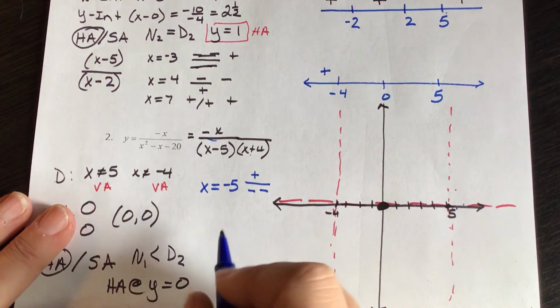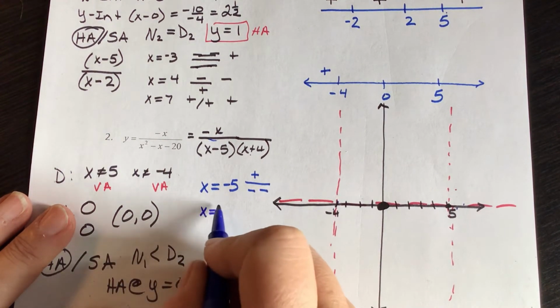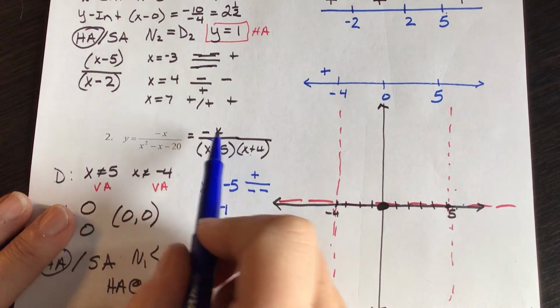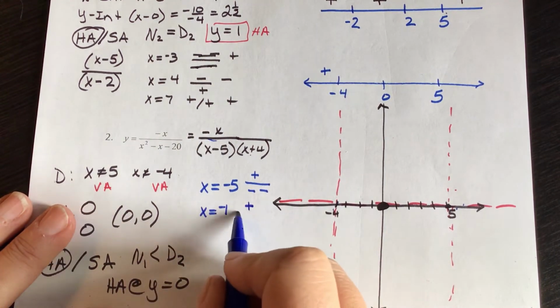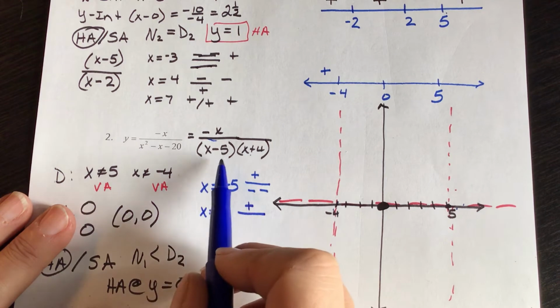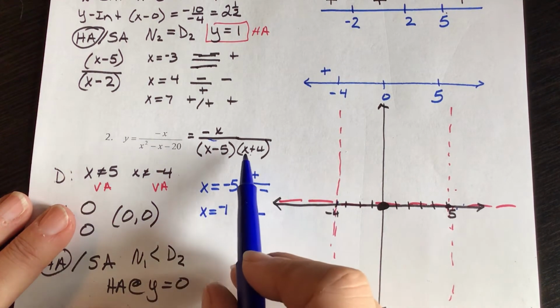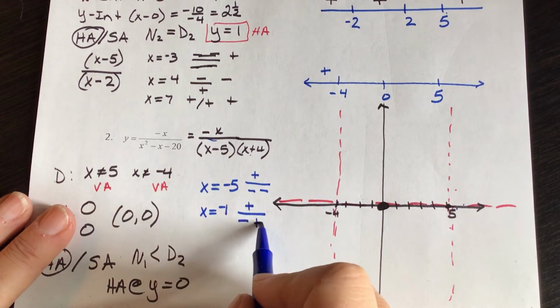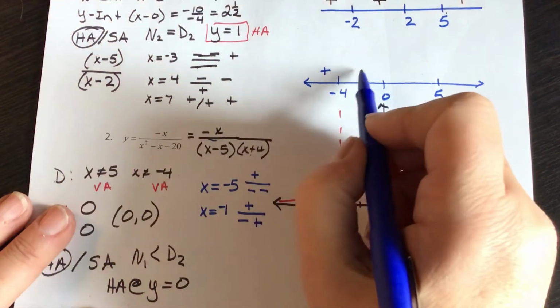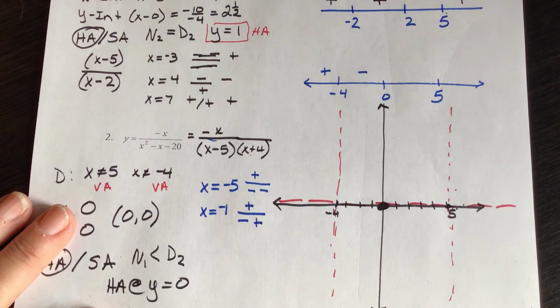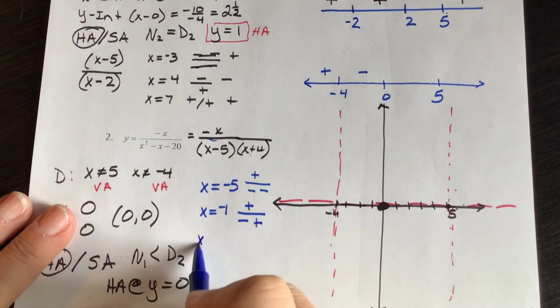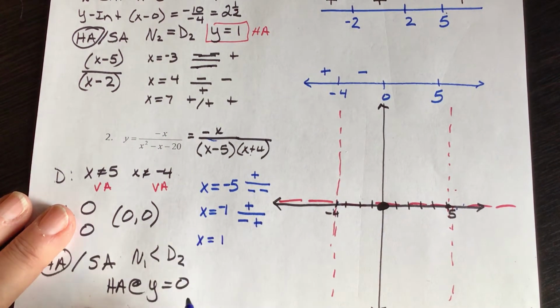Between 0 and -4, like -1. The opposite of -1 is +1. -1 minus 5 is -6, and -1 plus 4 is positive. So one negative here means this is negative. Between 0 and 5, like x equals +1.